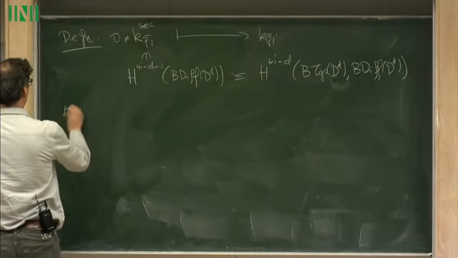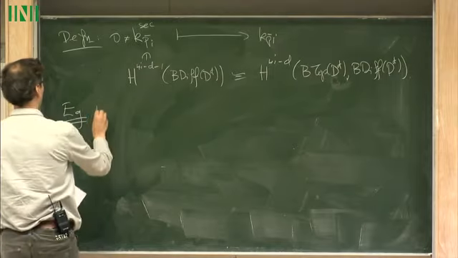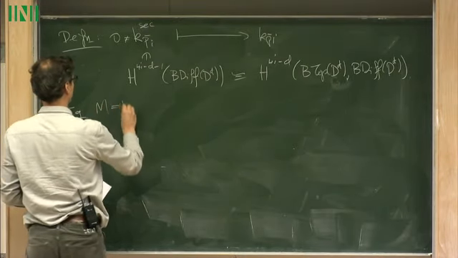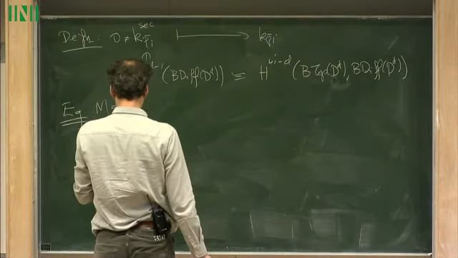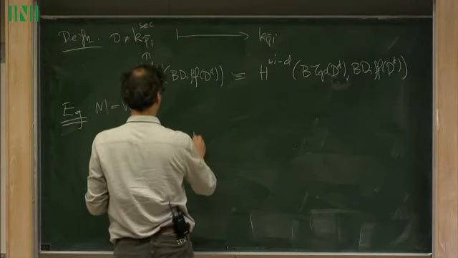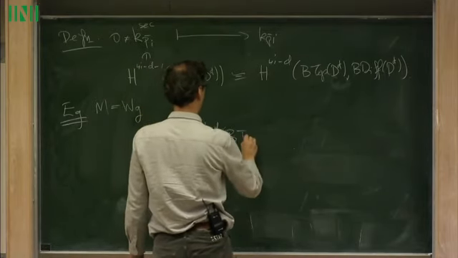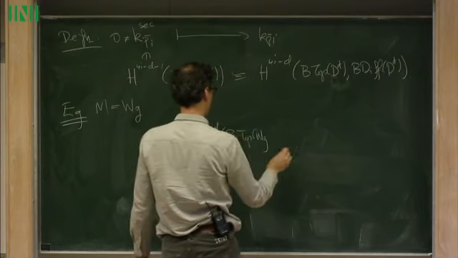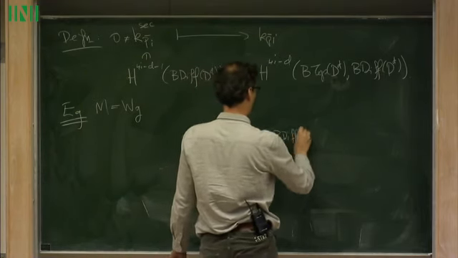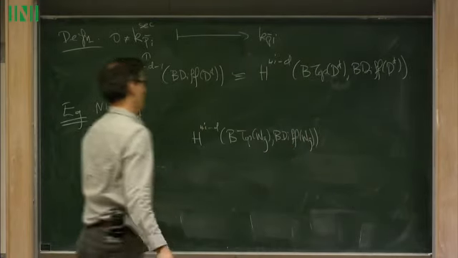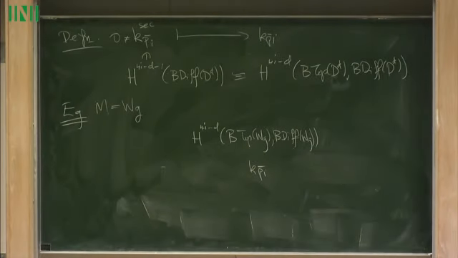Let's do an example, and I'm grateful to Oscar for pointing this example out. So let's take M to be W_g, and let's consider the corresponding long exact sequence. So here we are in BTop(W_g) relative to BDiff(W_g), and we have our non-vanishing relative kappa class.